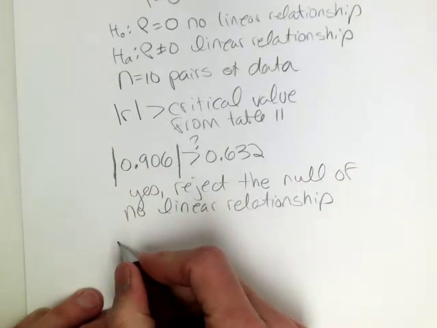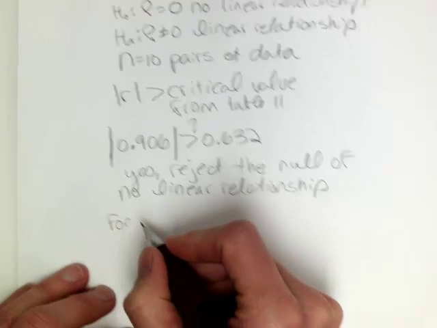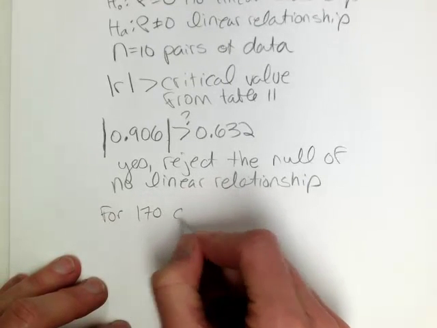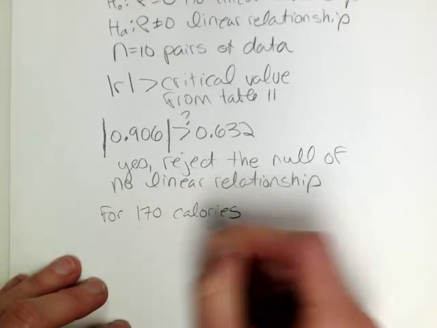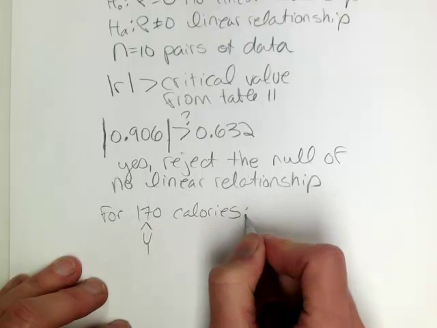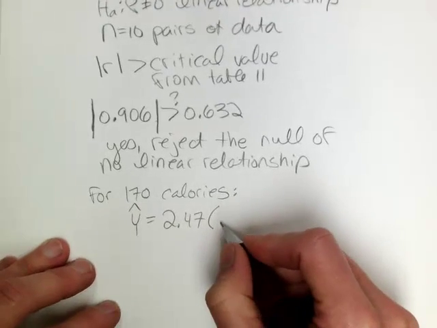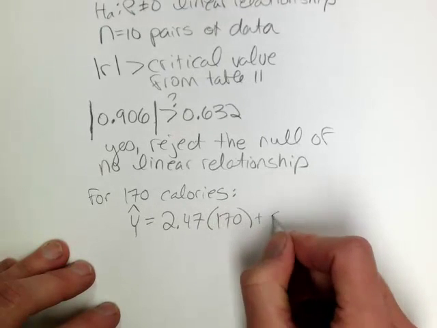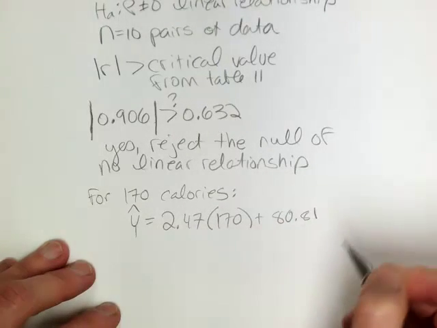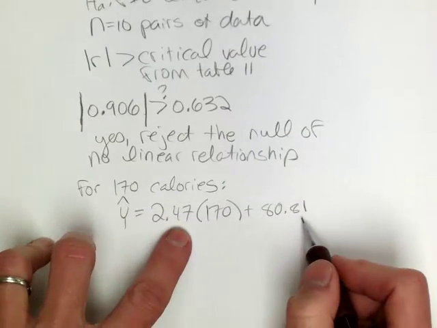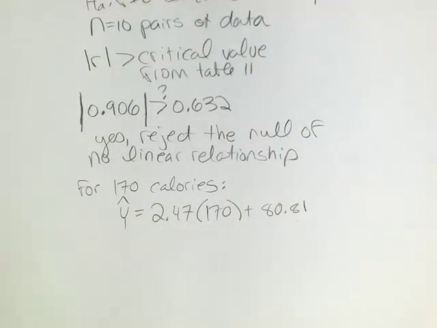So for 170 calories, the predicted value of Y would be 2.47 times 170 plus 80.81. Now if I had carried this out further, I might get a slightly more accurate value.